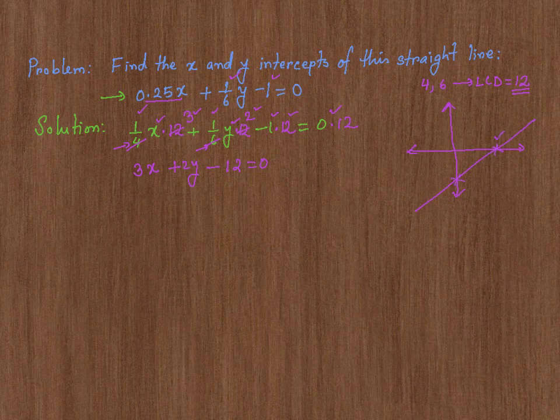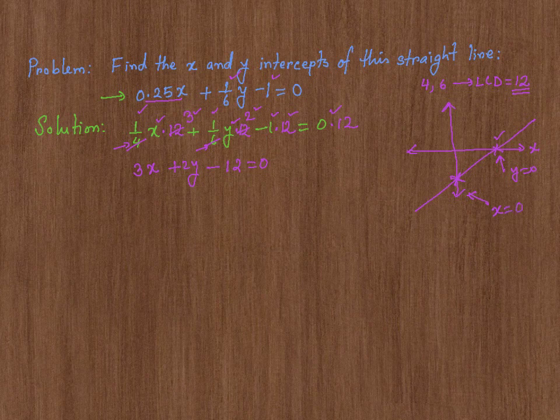If you look at the x-intercept, you note that the point is on the x-axis. That means the y-coordinate of this point must be 0. Similarly, the y-intercept is on the y-axis, which means that the x-coordinate of this point is going to be 0.